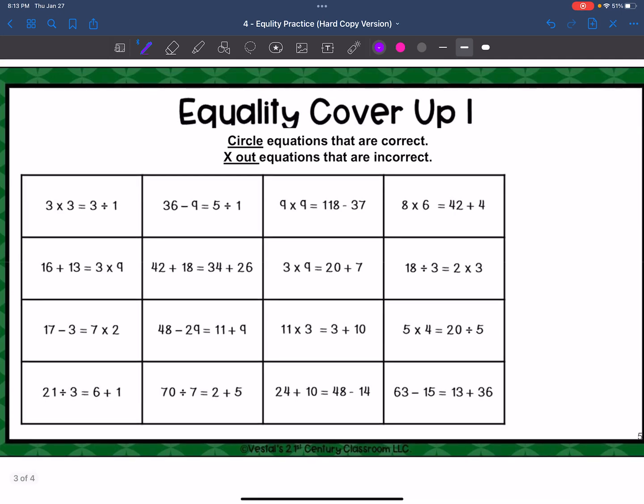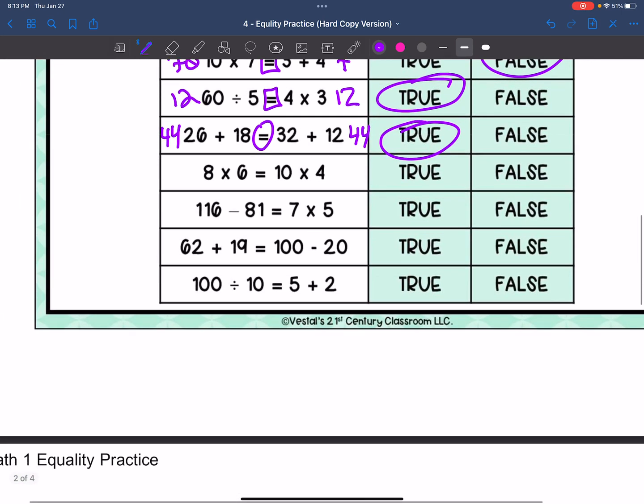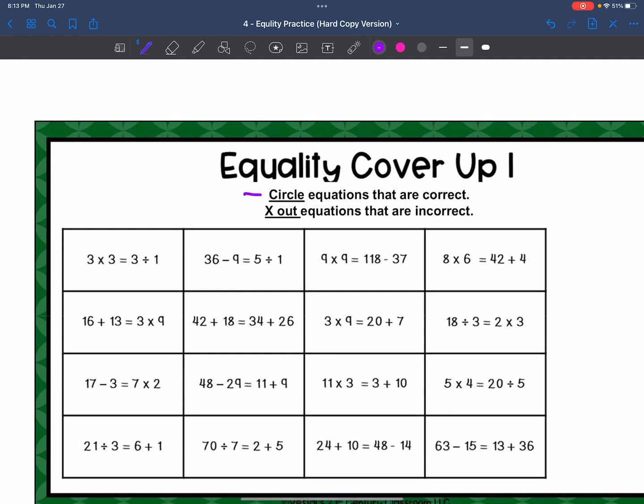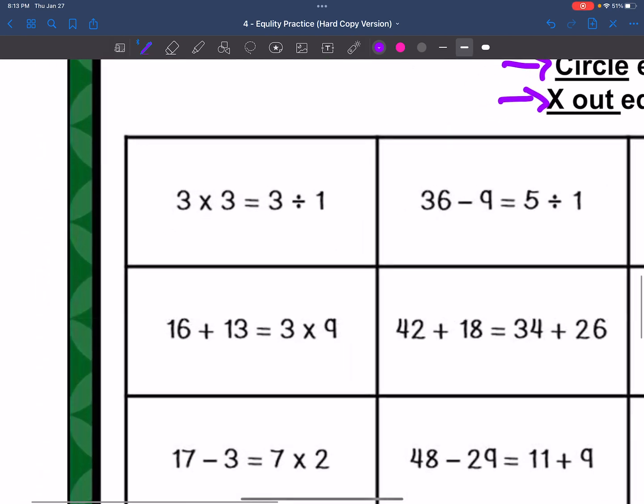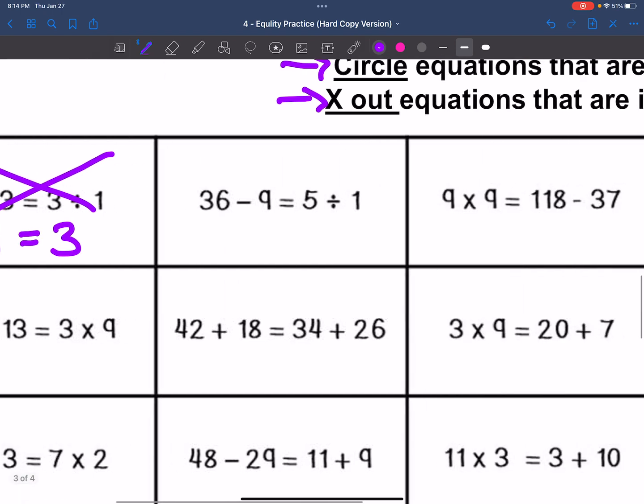Next up, it's pretty much like our last slide here, but you will circle the correct answers and you will X out the ones that are not correct. So let's look at this first box. 3 times 3 is 9, so is 9 equal to 3 divided by 1? No. Then we have 36 minus 9. Well, that equals 27. So is 27 equal to 5 divided by 1, which is 5?